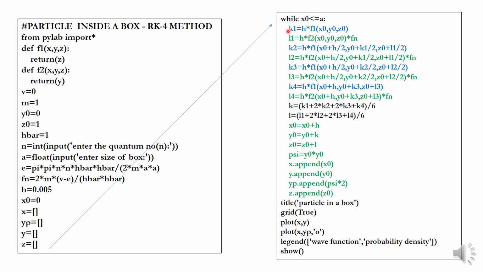That is, we integrate here, where h is dx and f1 is dpsi/dx. So dx times dpsi/dx will give the psi. This integral will give psi, and for this integral, f2 is the constant times psi, that is d²psi/dx². This d²psi/dx² times dx will give dpsi/dx.